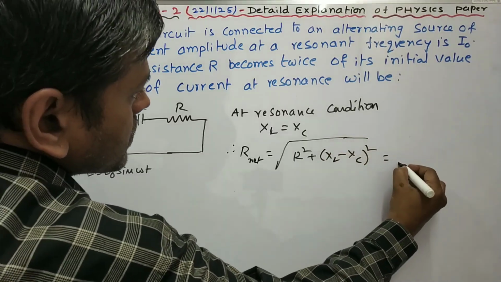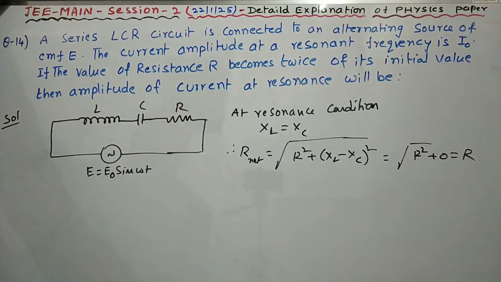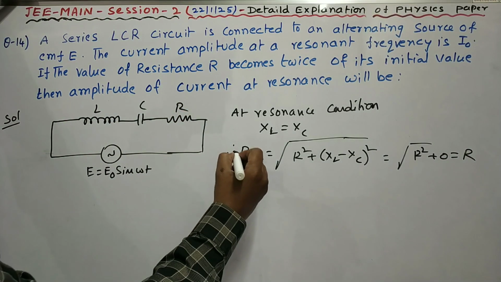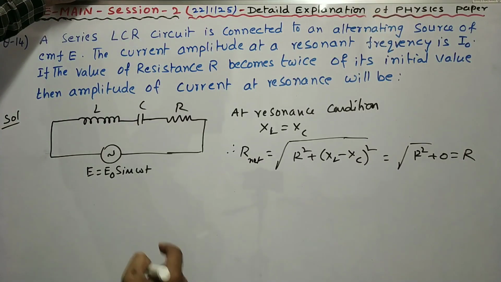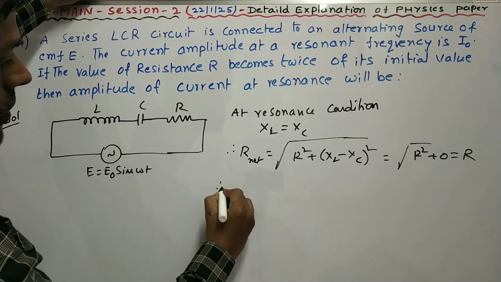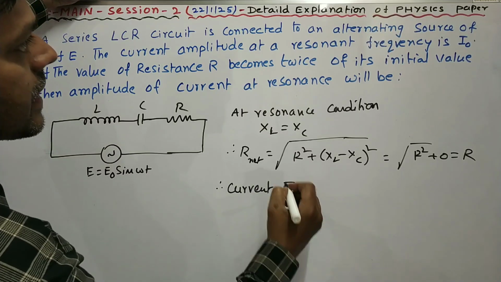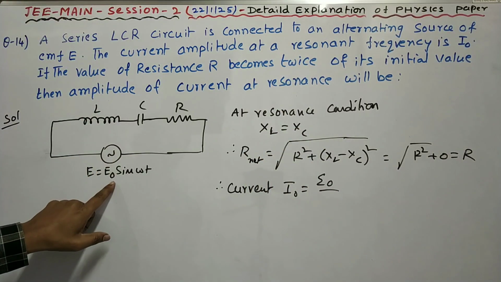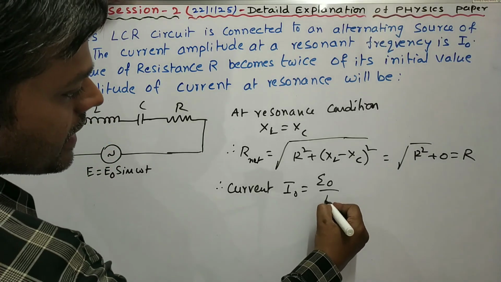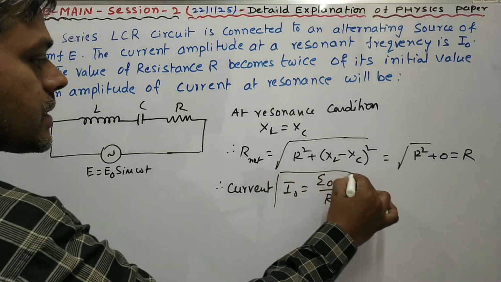That implies the square root of R square plus 0, which is equal to R. What is given? The current amplitude at resonance is I naught. Therefore, I naught is equal to E naught, the maximum EMF, by R net. This is the condition you get.